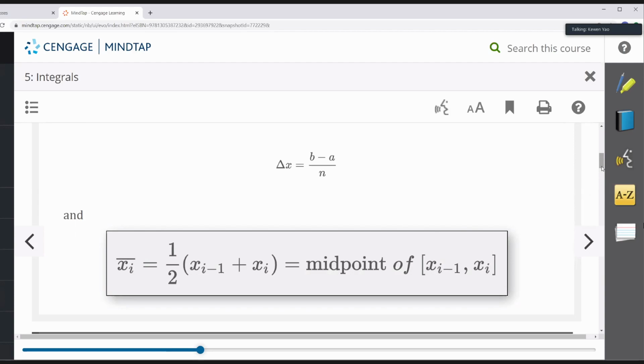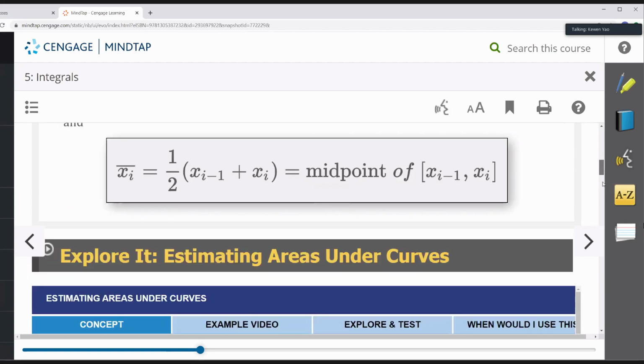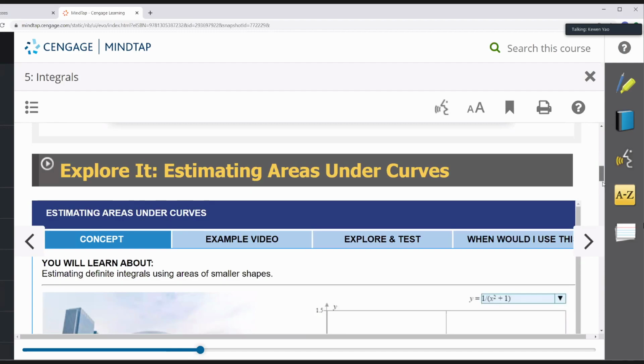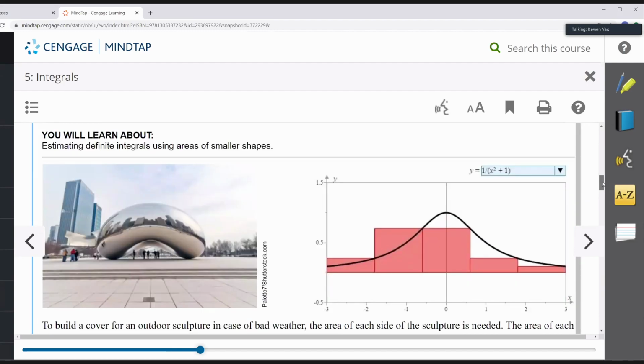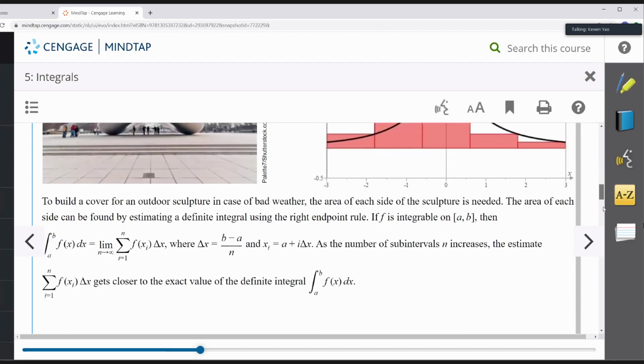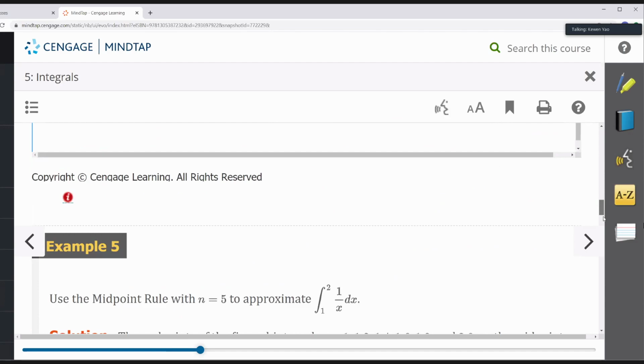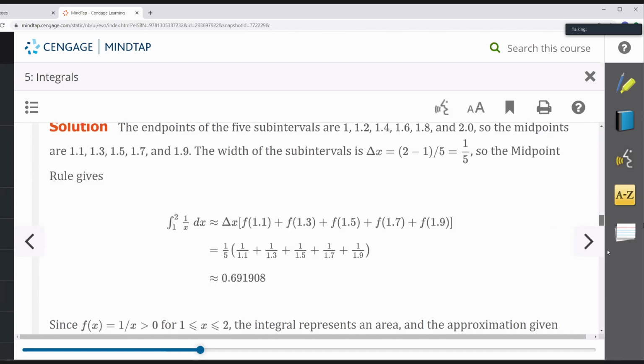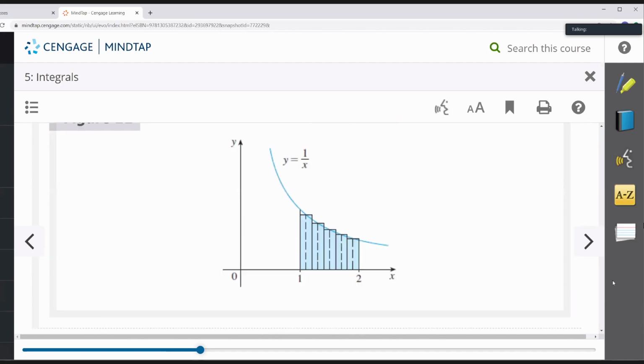So you can use left end point, right end point, or middle point. Actually, you can use any point inside this as your height. I don't want to go over that because this is too easy.